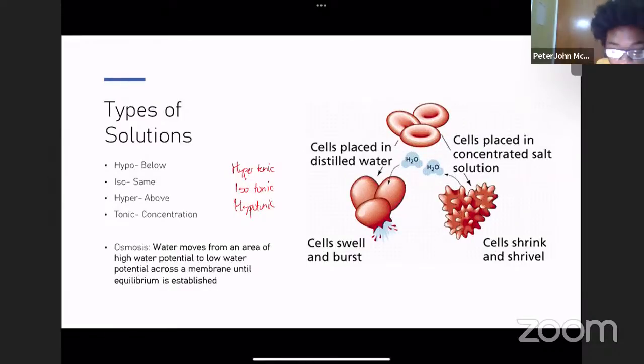All right, so we're talking about types of solutions. We're comparing one type of solution to another. I have the meanings of the words on the side, right? Tonic just means concentration. So hypertonic means the solution that we're dealing with is more concentrated than another solution.